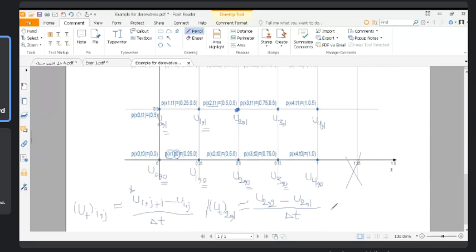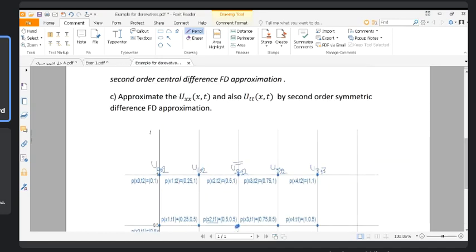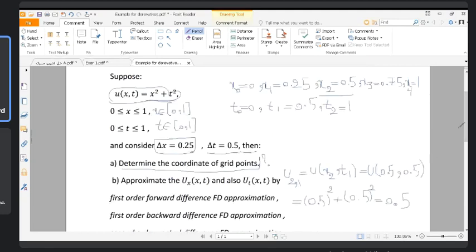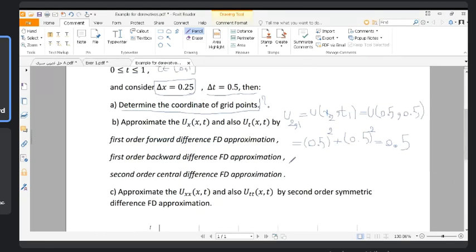We need u22 and u21. We compute u21, and then we should compute also u22. Okay, u22 means u of x2 and t2.